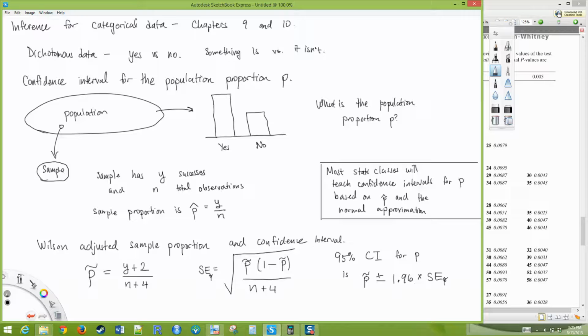You put your estimate based on your sample in the middle, plus or minus a critical value times the standard error.